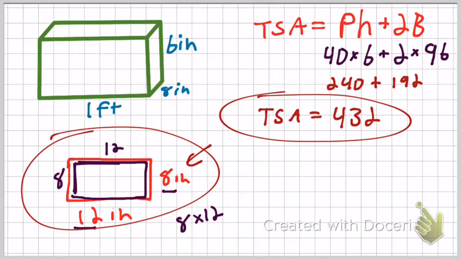Okay. So we need to make sure, when we're solving for area of the base, which we're going to need, that we know the difference between when they're asking for height of the prism and when they're asking for height of the base.